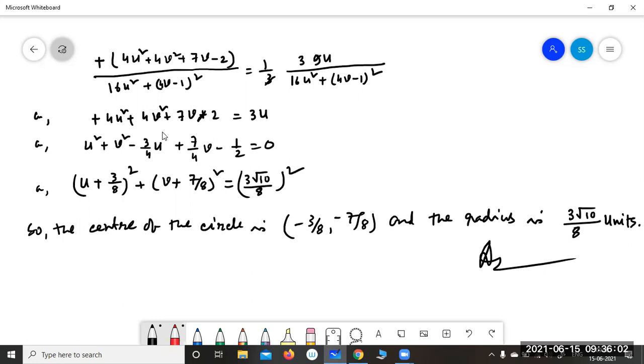So minus 3 by 8 comma minus 7 by 8 is the center of the circle, and 3 root 10 by 8 units is the length of our radius. Is it clear? So the line maps to a circle in the W plane, given by u plus 3 by 8 whole square plus v plus 7 by 8 whole square equal to 3 root 10 by 8 whole square. After calculation, you got it. Is it clear? Yes, sir.